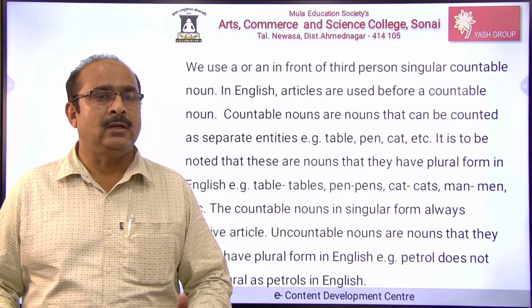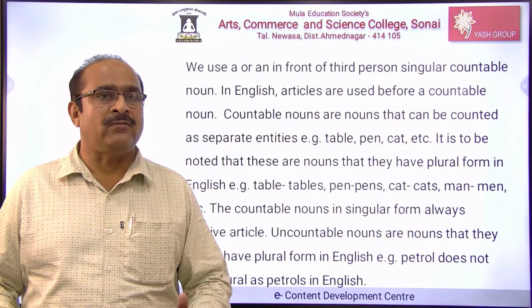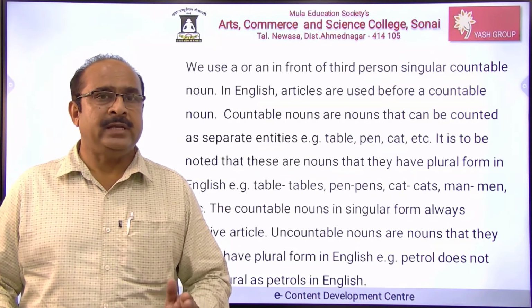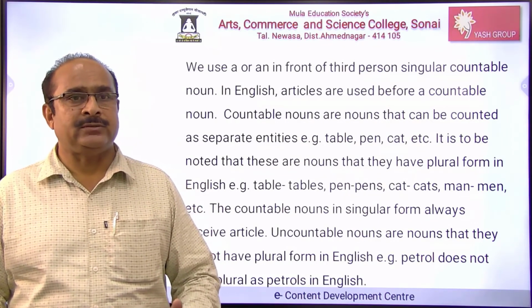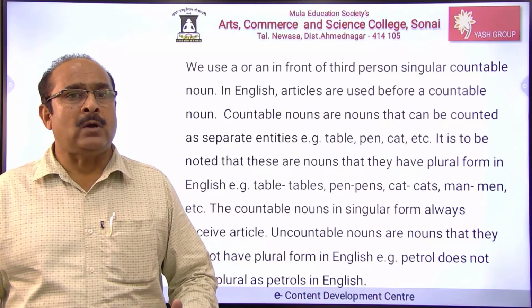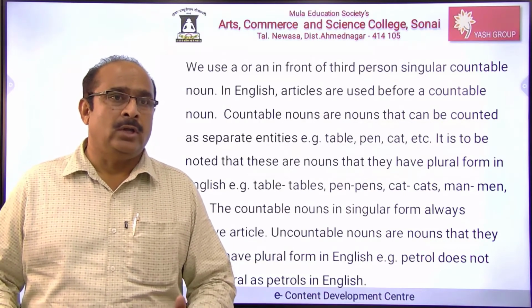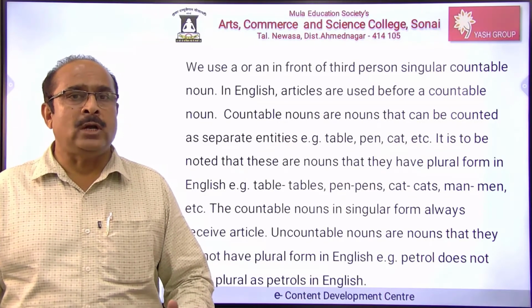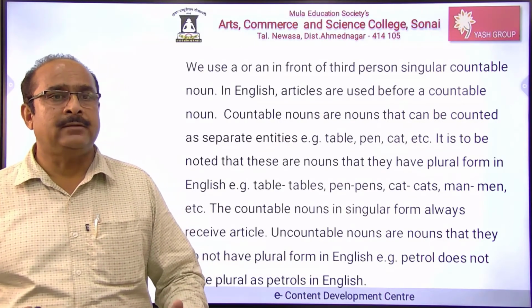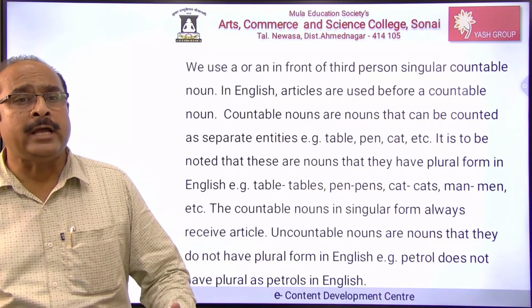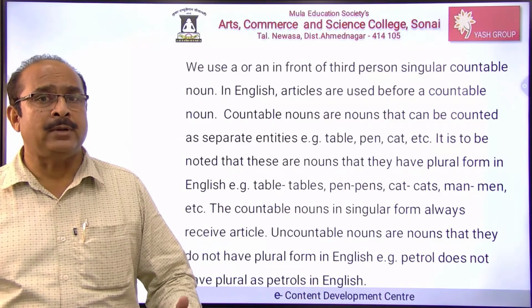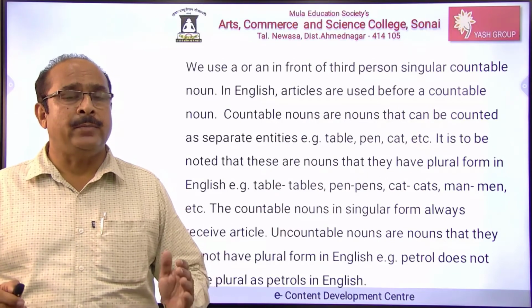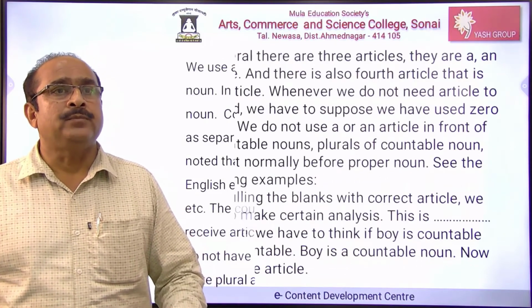For example, we can have the plural of the word table as tables, pen as pens, cat as cats, etc. The countable nouns in singular form always receive an article. Uncountable nouns are nouns that do not have a plural form in English. For example, petrol does not have a plural form in English such as petrols.